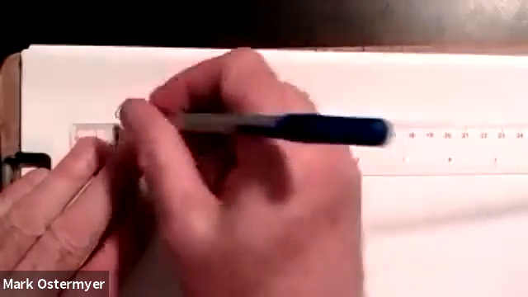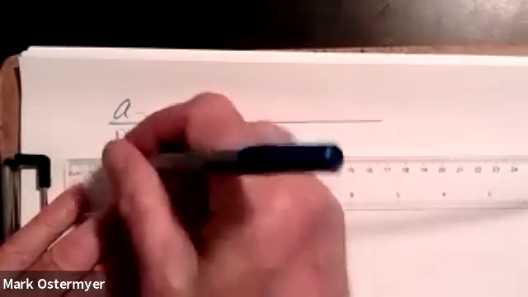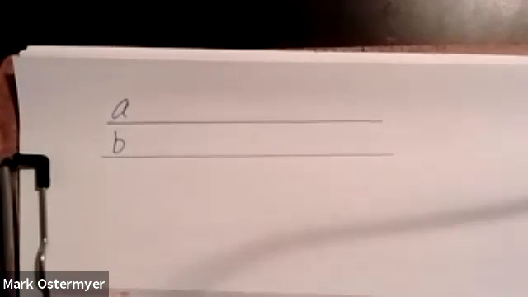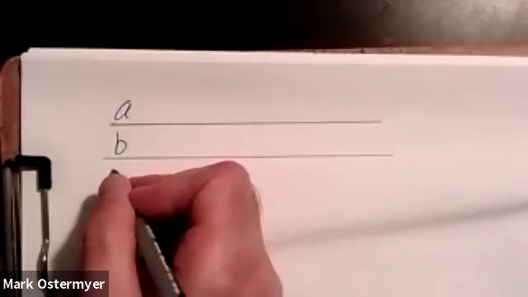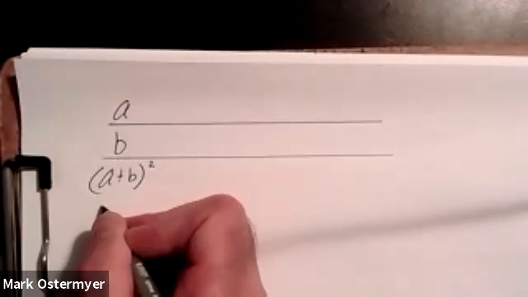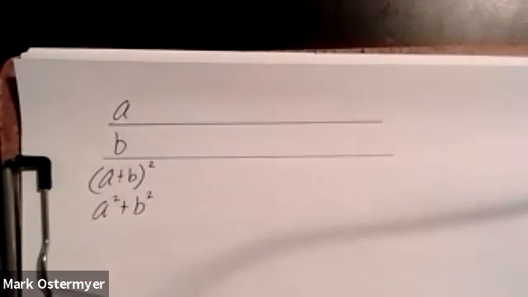All right, so I'm gonna make a little table here. If I got a number A and a number B here. Okay, I will have A plus B squared here. I will have A squared plus B squared here.